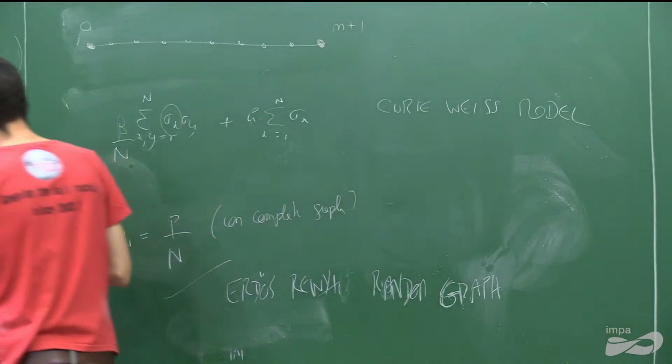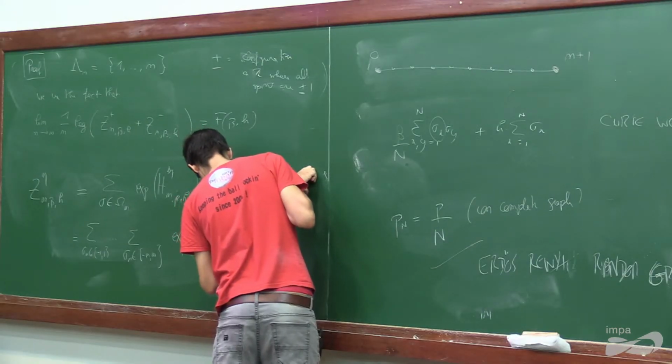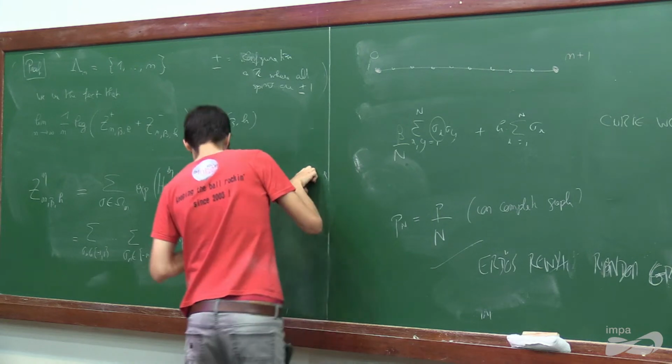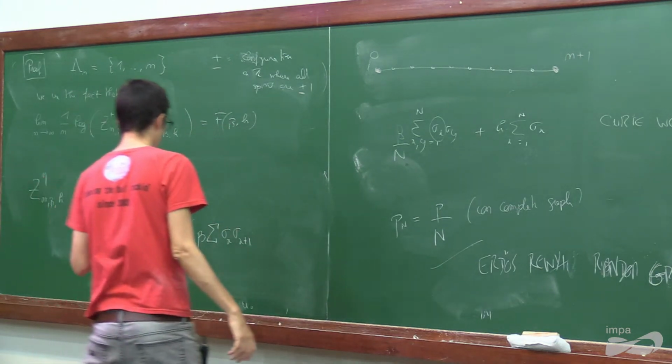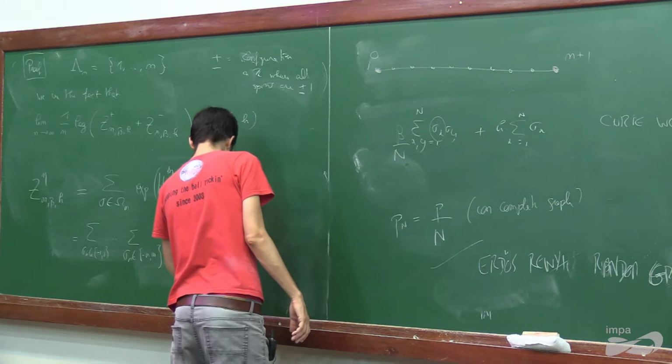So this is the sum of σ_x σ_{x+1}, and I have to sum over x from 0 to n.